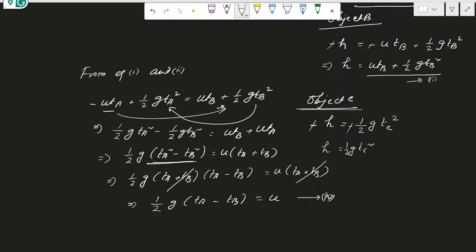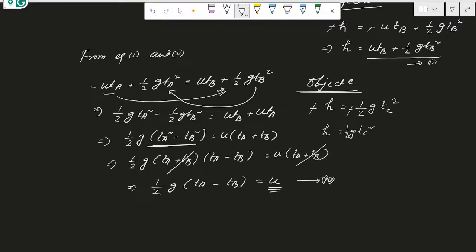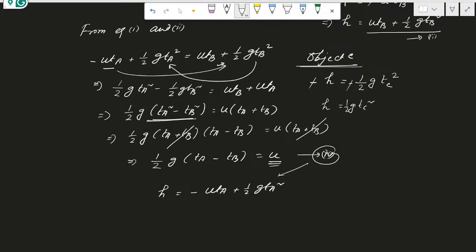Now, the value of u from equation 4, just put it in equation 1 or equation 2. I am putting it in equation 1. Equation 1 was h is equal to minus u ta plus half g ta square. So I am putting the value of u from equation 4 here. So minus half g (ta minus tb) into ta plus half g ta square is equal to h.